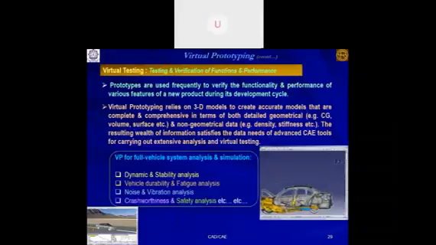For example, you might know that for an automobile or for aircraft, there is a test called the crash worthiness test. It means if a particular automobile hits another object, what should be the condition of the driver and the passengers?